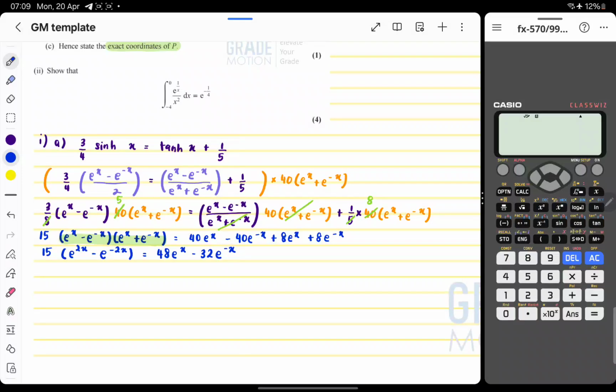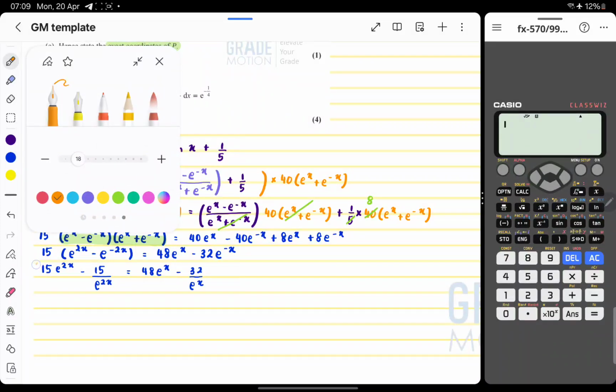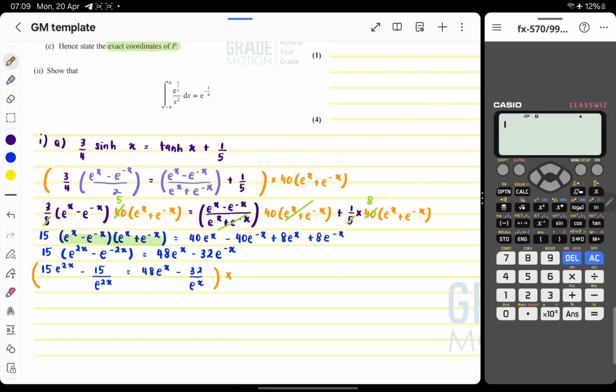Okay, expand the left hand side and change any of our exponentials that's supposed to be a fraction. So it will be 15e to the power of 2x minus 15 over e to the power of 2x equals to 48e to the power of x minus 32 over e to the power of x. We want to eliminate the fraction, so we'll multiply by the LCM, which is e to the power of 2x.